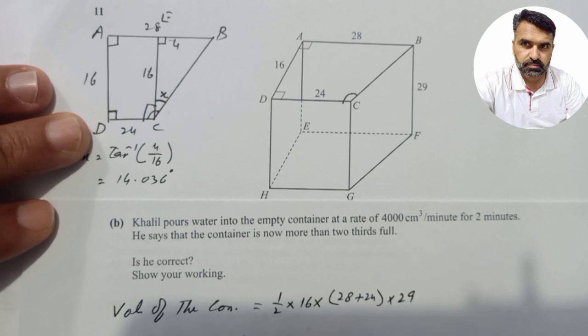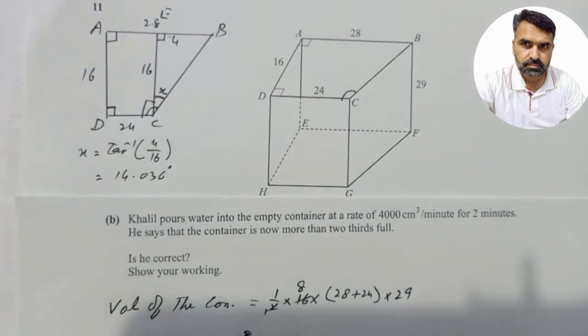Now we will simplify. 2 ones are 2, 2 8s are 16, and the answer will be 8 multiplied by 28 plus 24 inside the bracket, multiplied by 29.